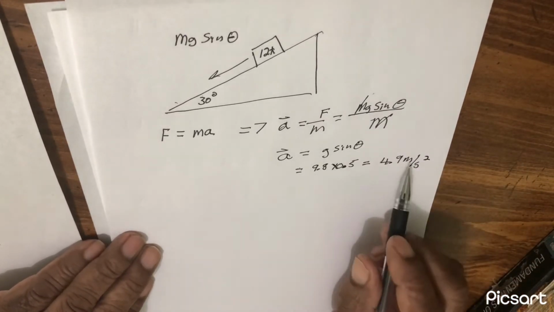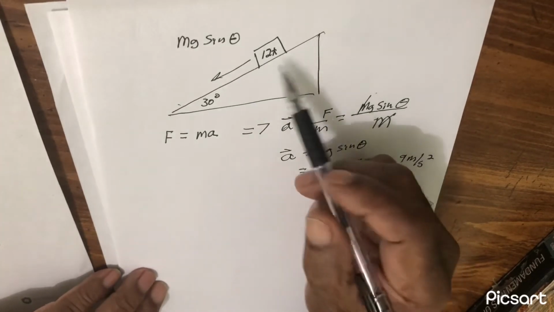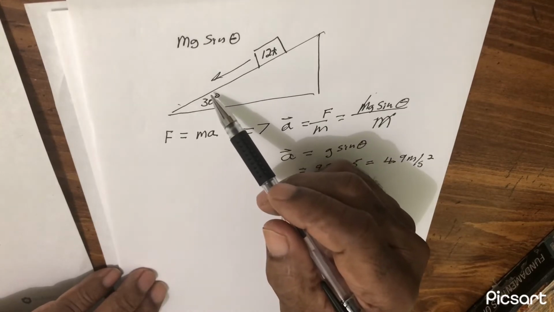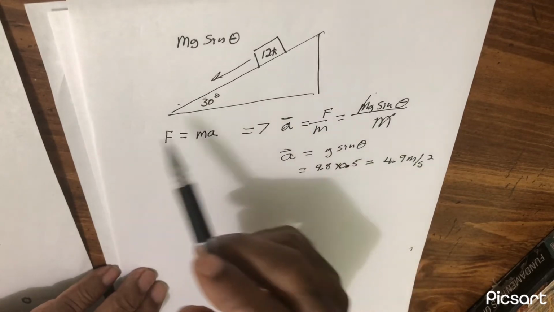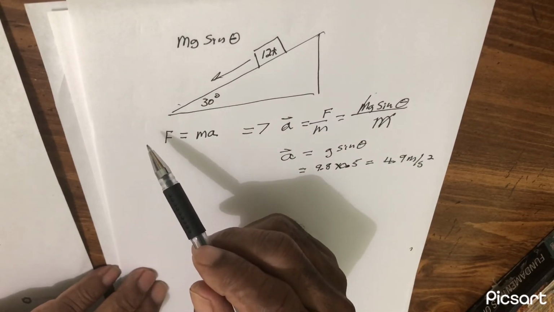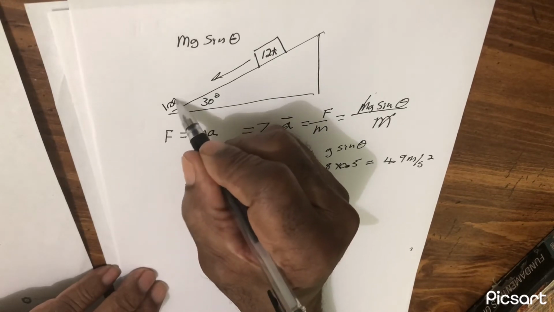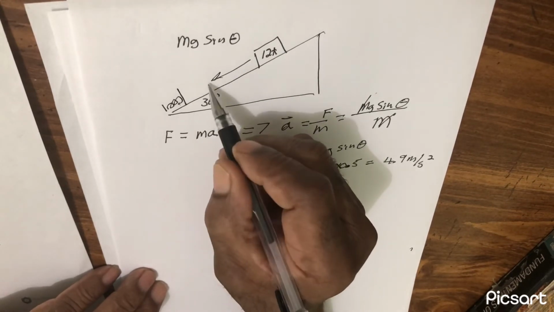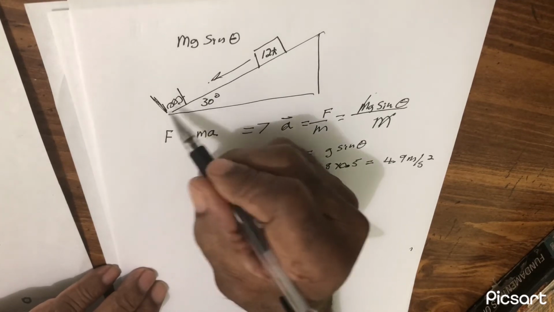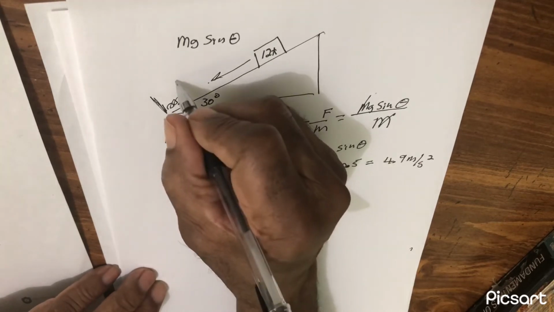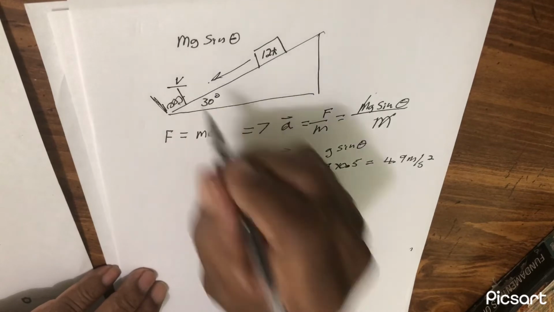So we have the acceleration of this block, and we want to know the velocity at this point, just before this block touches this spring.